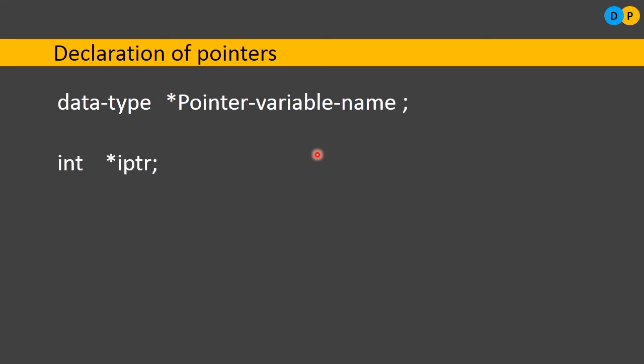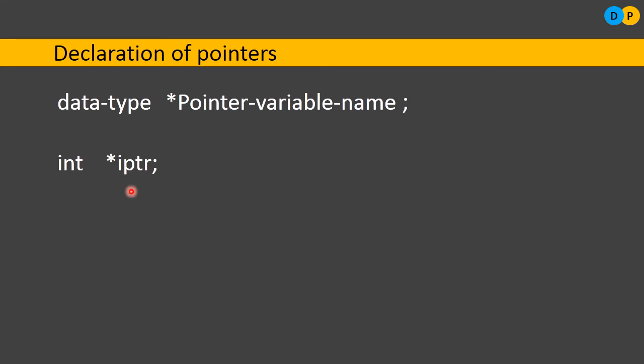Please notice here, I have declared a pointer variable of type integer: int asterisk iptr. What is the pointer name? Here the pointer name is iptr. How can I say that this is a pointer? Because of the asterisk symbol. If this asterisk symbol is not present, if it is not kept as a prefix, then iptr will become an ordinary variable.